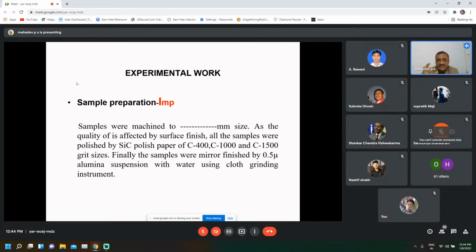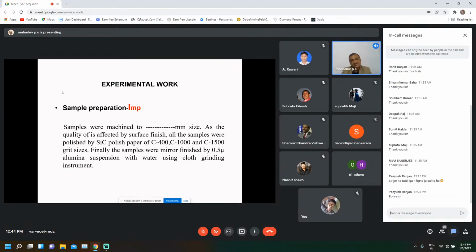As the quality is affected by surface finish, that is also taken into consideration. For that, using silicon carbide polishing paper of C400, C1000 and C1500 grit sizes, polishing is done on the surface of the sample. Finally, the samples were mirror finished using 0.5 micron alumina suspension with water on a cloth grinding instrument.